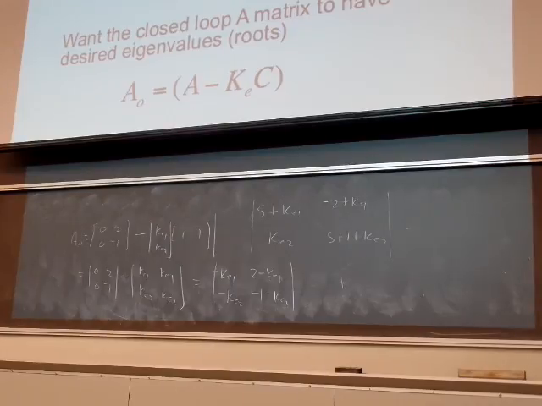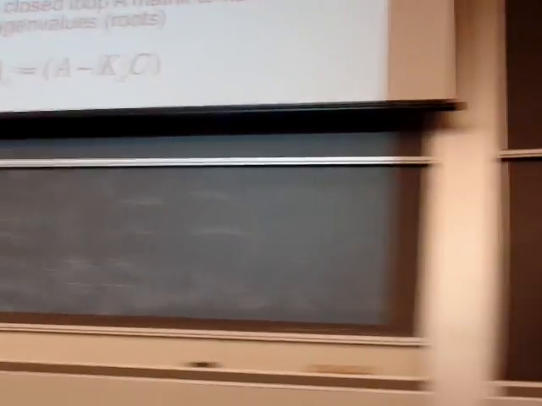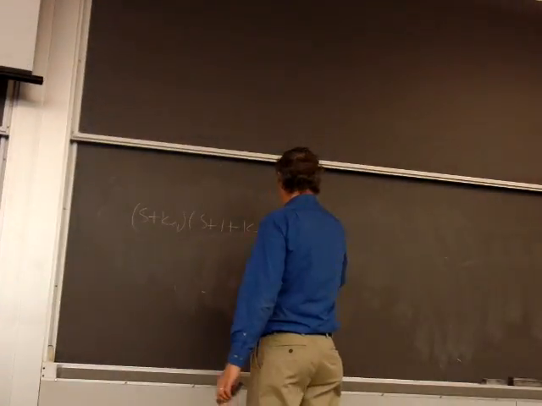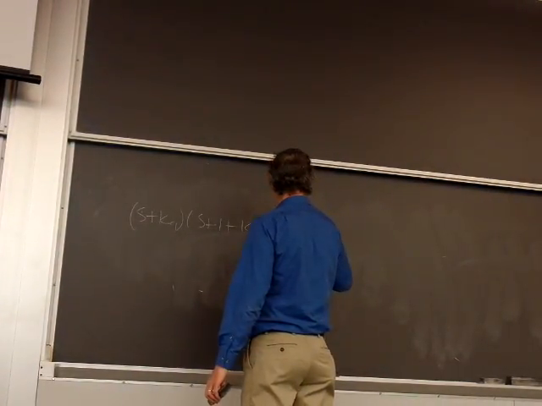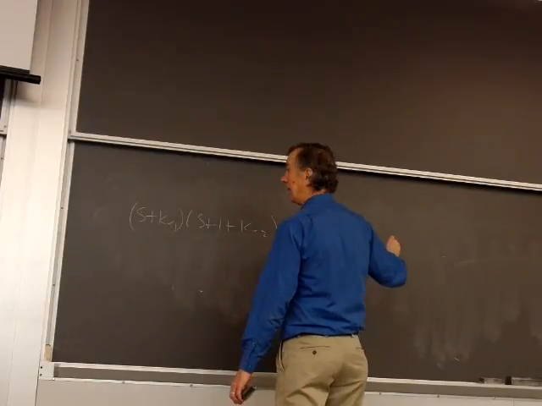So this is S plus KE1 times S plus 1 plus KE2, minus KE2 times minus 2 plus KE1.